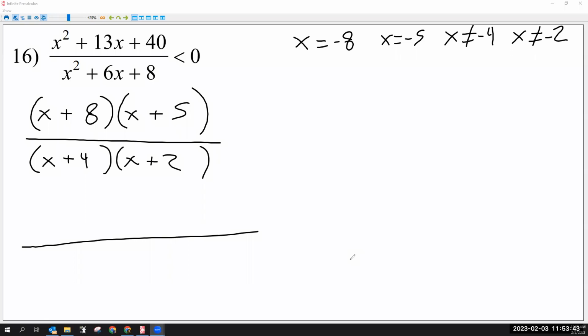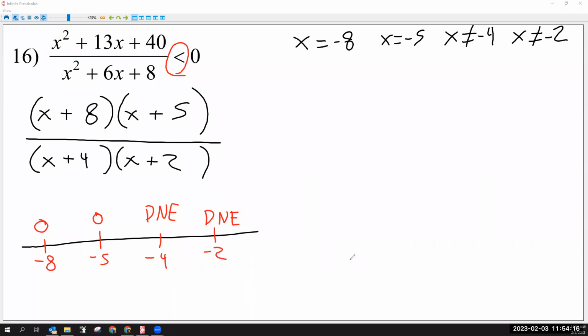Chart. Starting, they're all negatives, so the least one would be -8. This one is not equal to, so I'm not going to have any brackets on this one.